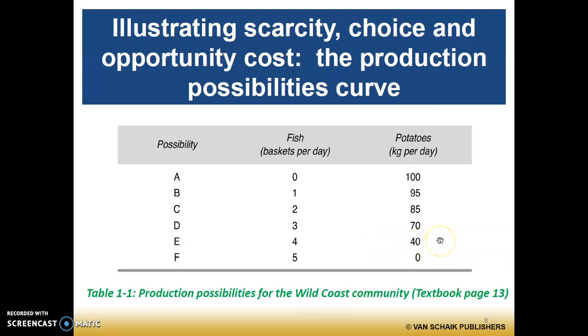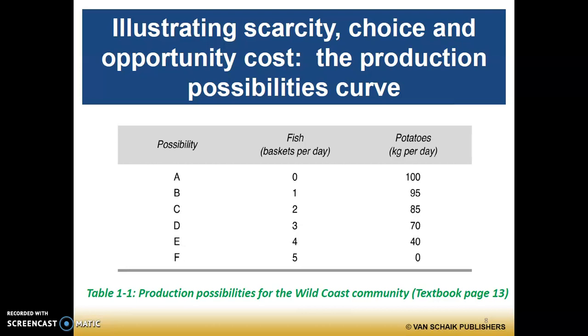But in producing these combinations, they have to decide not to produce more fish or more potatoes. In producing 4 baskets of fish, they have to forgo the additional 60 kilograms of potatoes which they could have produced if they used all their resources to grow potatoes.